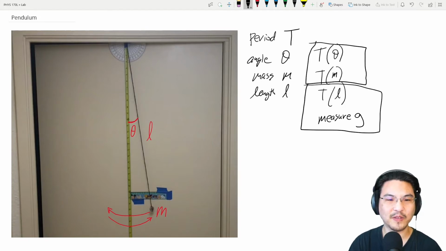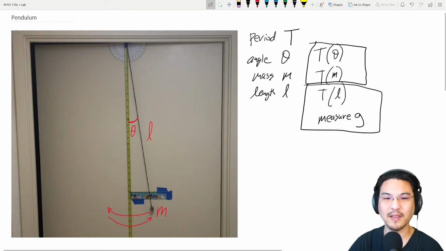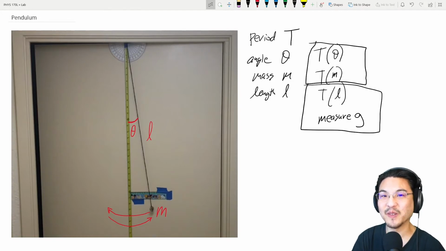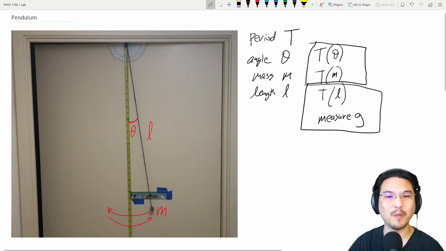Okay, so first let's talk about how to set up the apparatus. I'll leave it to your creative style and critical thinking skills to set up your pendulum, so I'll just walk you through how I did it. And maybe a disclaimer, I made decisions based on how it'll show up on a video, so you wouldn't necessarily need to make these considerations.